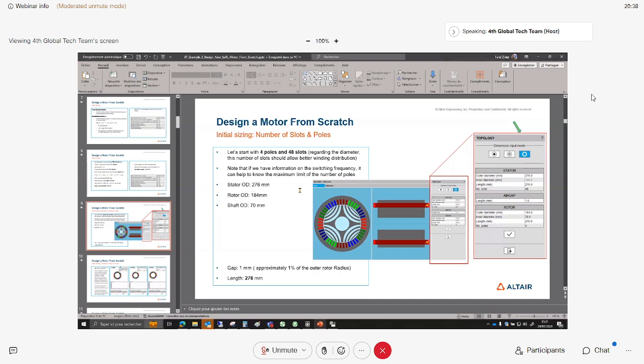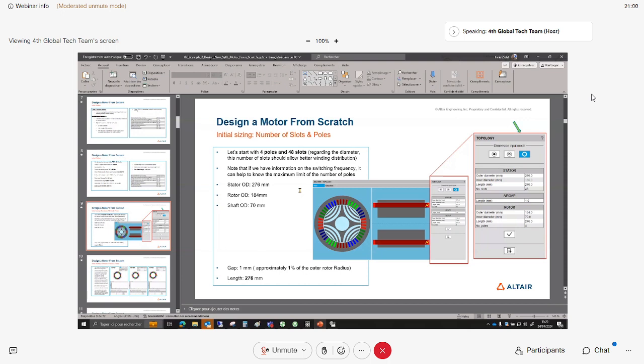On the other hand, the torque is directly proportional to the number of poles. So I also don't want to put only two poles, because I want to maximize the torque. So then 4 poles and 6 poles are good candidates.